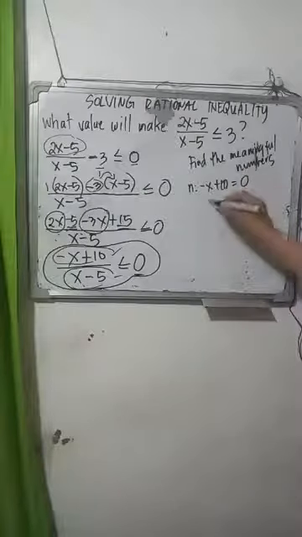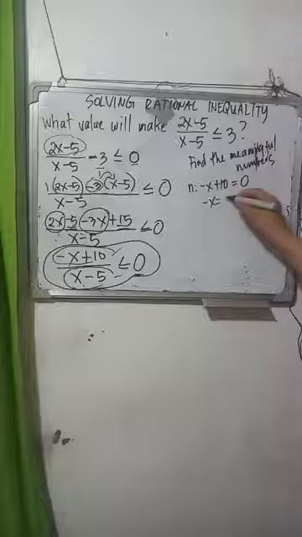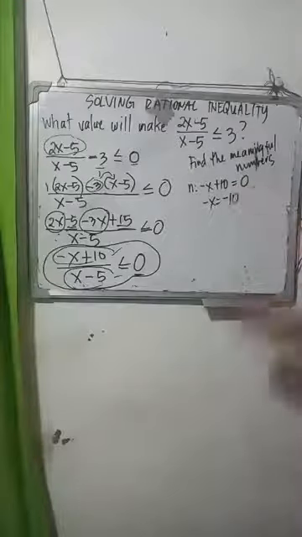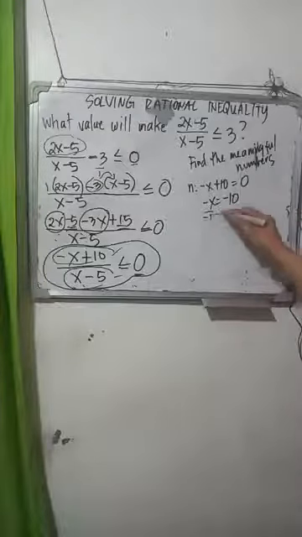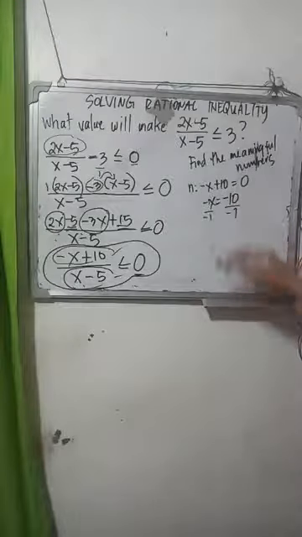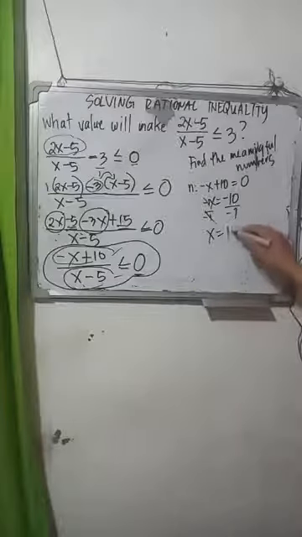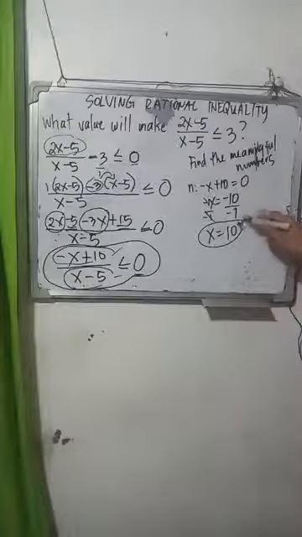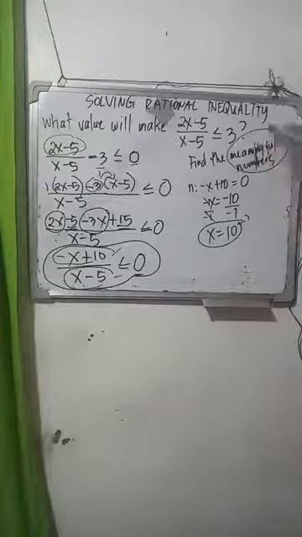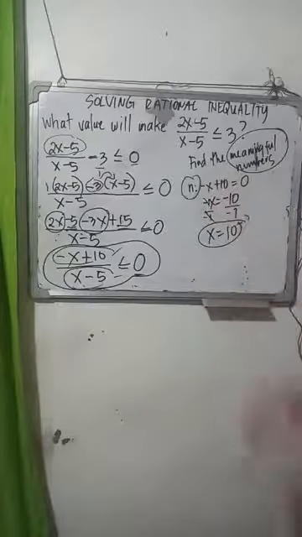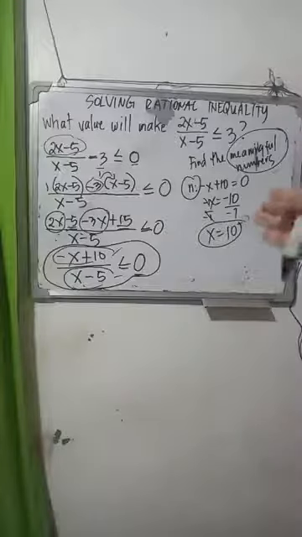So next, negative x equals, transpose natin yung positive 10, but that is negative 10. Then divide negative 1 both sides. There's still may 1 dito. So x equals positive 10. That is one of the meaningful numbers. That is the value of the numerator that makes the numerator equal to 0.